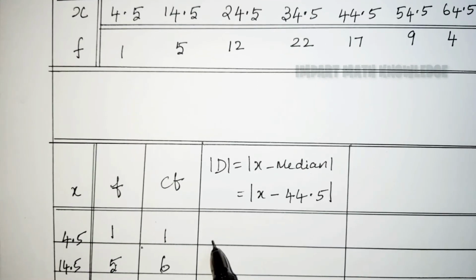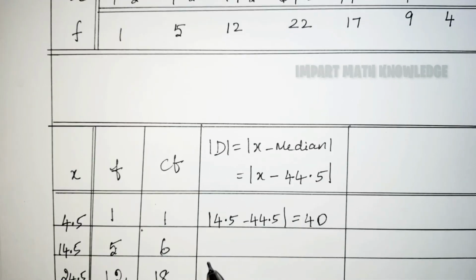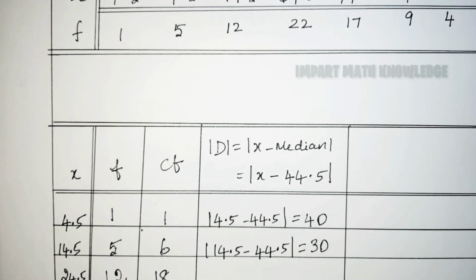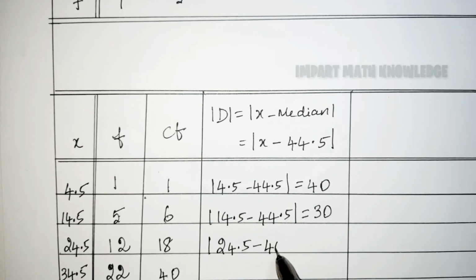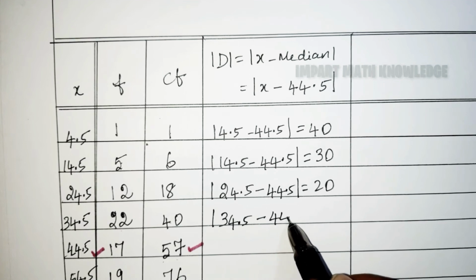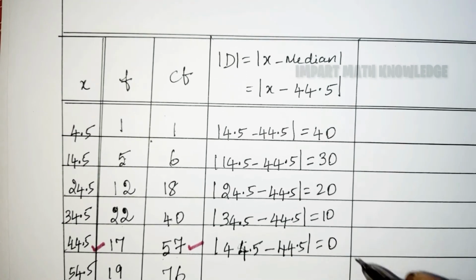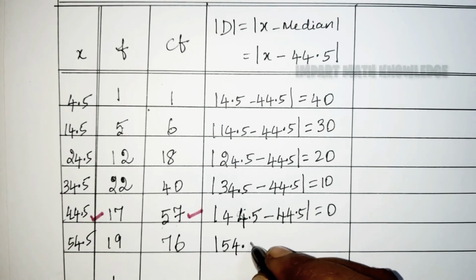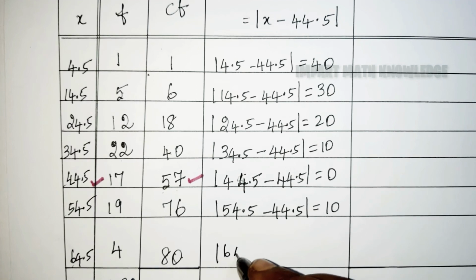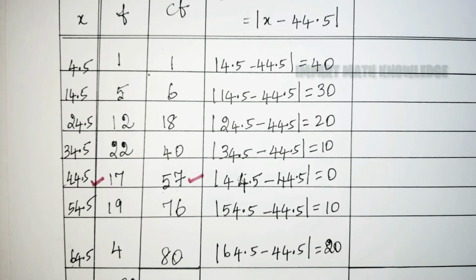X value is first column 4.5 minus 44.5 is equal to 40. 14.5 minus 44.5 is 30. 24.5 minus 44.5 is 20. 34.5 minus 44.5 is 10. 44.5 minus 44.5 is 0. 54.5 minus 44.5 is 10. 64.5 minus 44.5 is 20. Mod D is an absolute value.